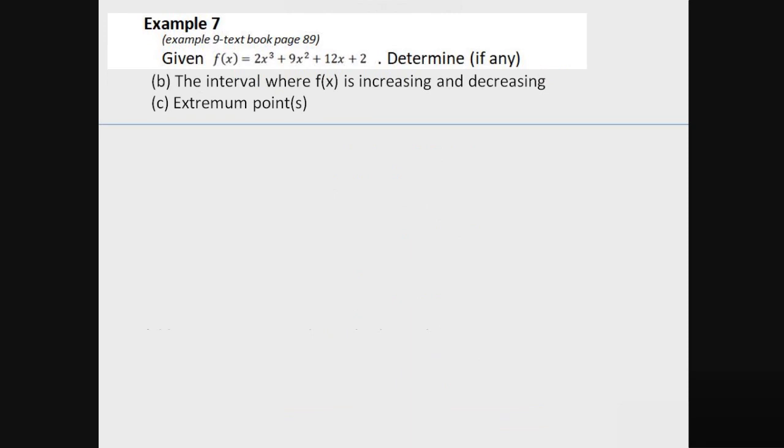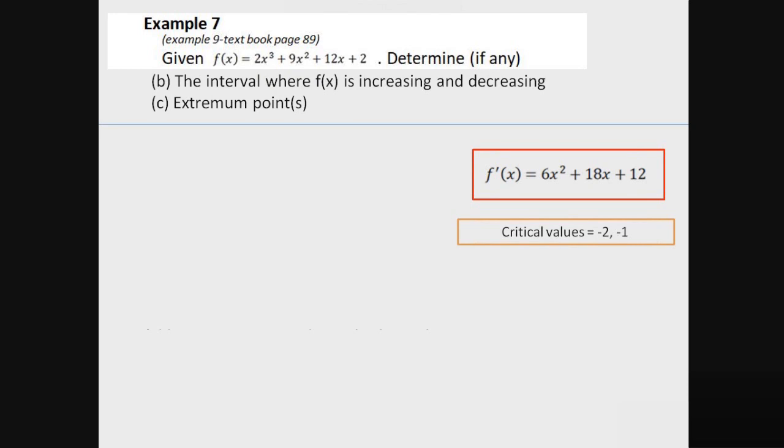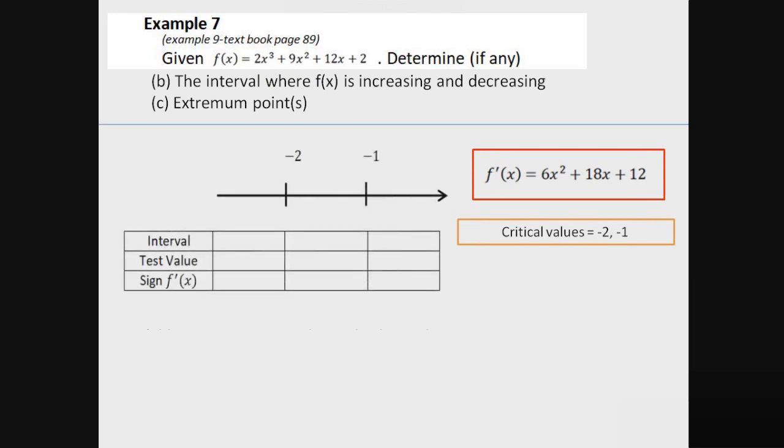7b, the intervals where f(x) is increasing and decreasing, and also finding the extremum points. For this question, B and C, since we already know f'(x) and also the critical values, we now need to partition these critical values into 3 different open intervals. So we get the intervals of negative infinity up to -2, -2 up to -1, and -1 up to positive infinity.